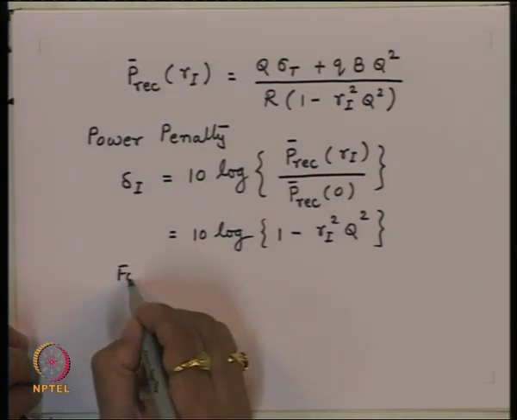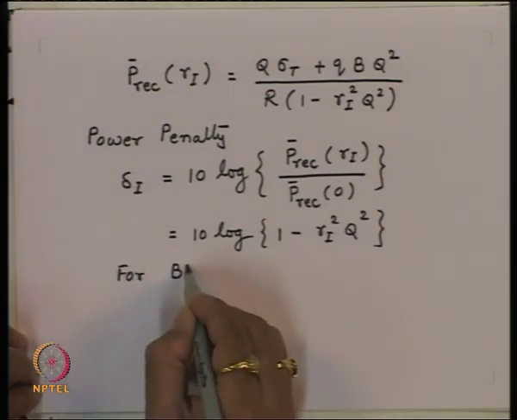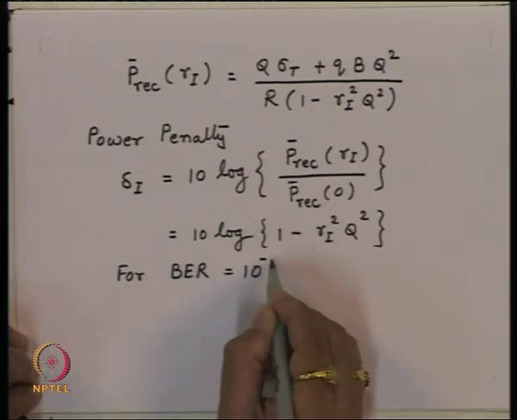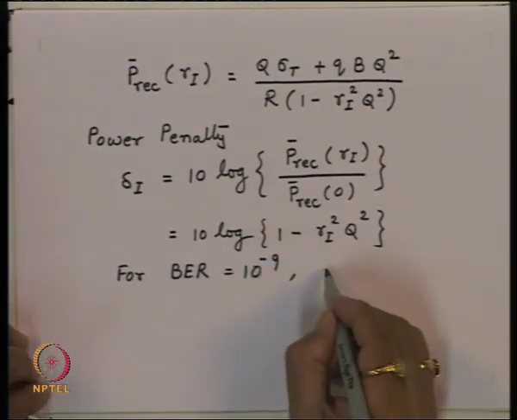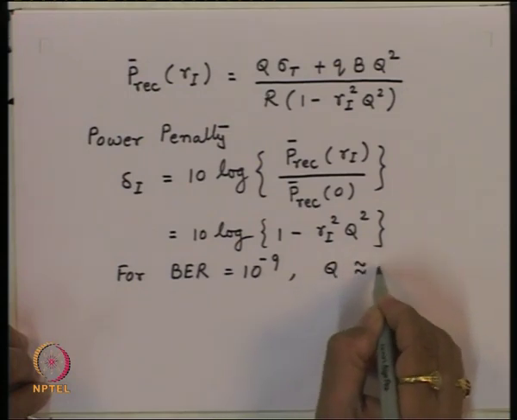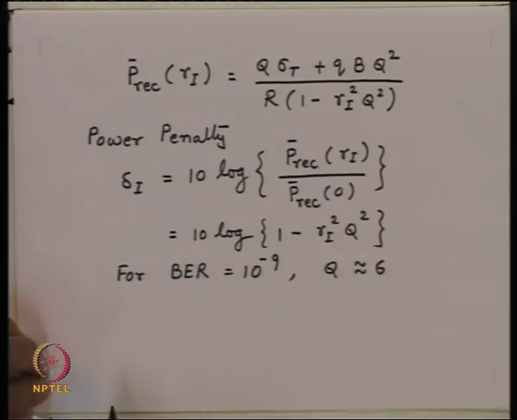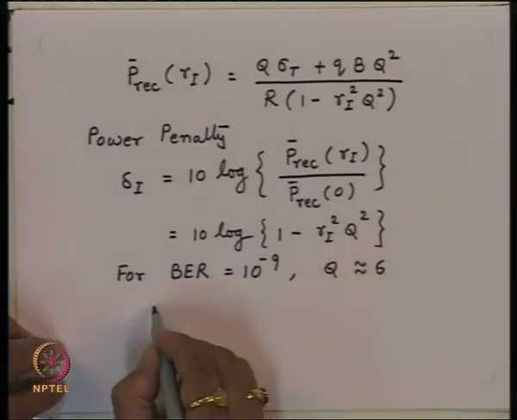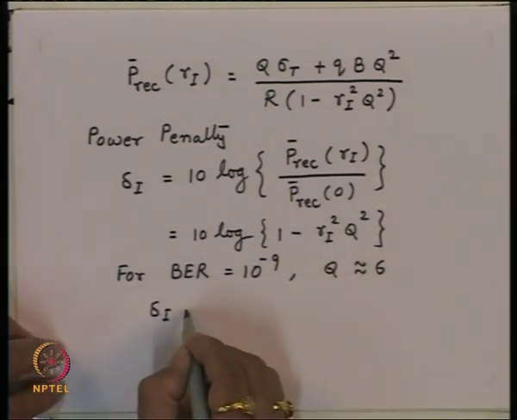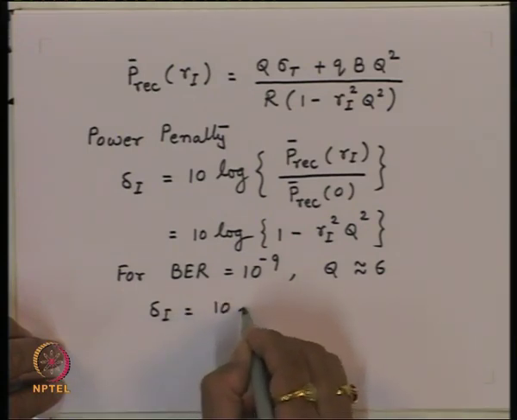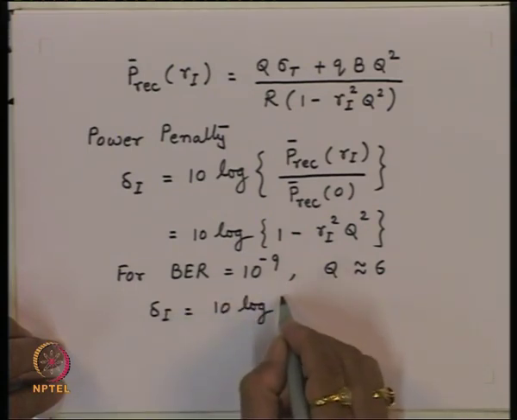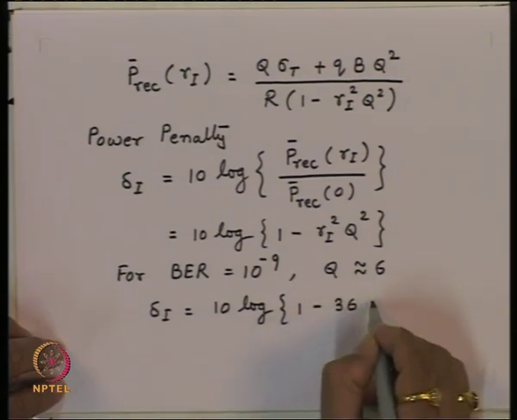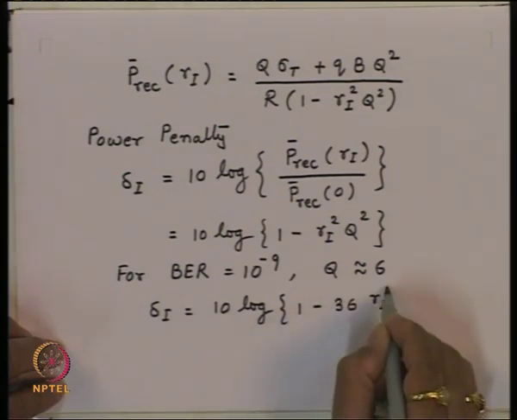So for BER of 10 to the power minus 9, the q is approximately 6. If you substitute into this, you get delta I, that will be 10 log of 1 minus about 36 into Ri square.